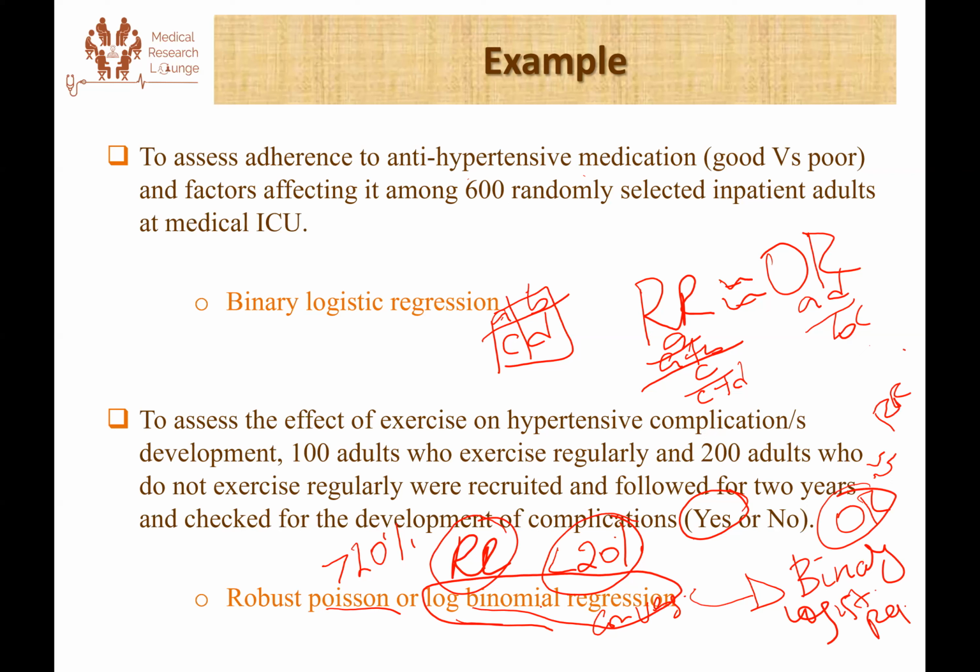So when all of these possibilities fail in a prospective cohort, I wouldn't say experimental, but in a prospective cohort, you can run binary logistic regression, and the odds ratio can be a good approximation of the relative risks that we could get from the log binomial. Does it make sense?